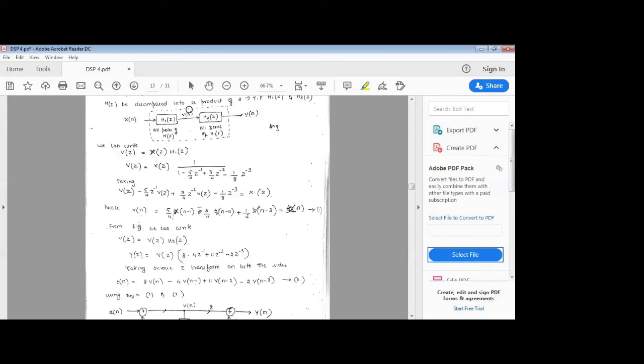Okay, so my v of n is acting like input for H2 of z and output for my H1 of z. So what we are getting here is, I'm trying to write down the same expression in the form of v of z. So what will my v of z become now?